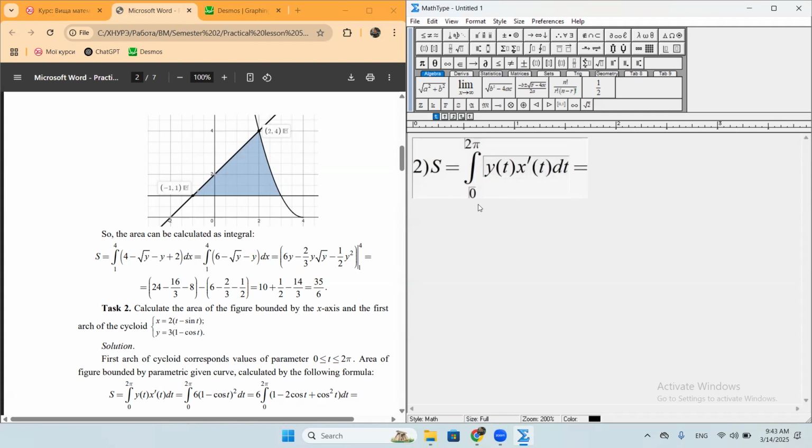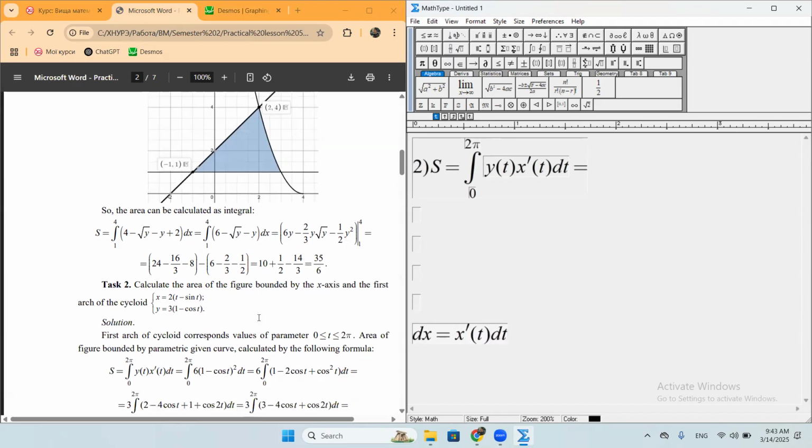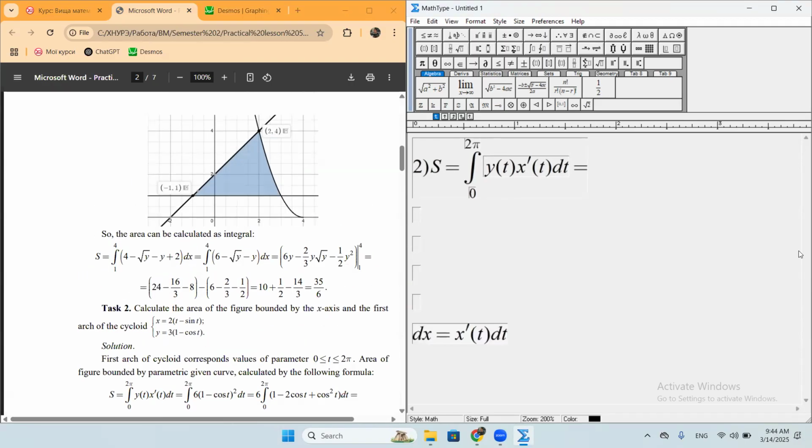Why actually such a record? Because dx equals x prime of t dt. So if the function was given explicitly, that's why it's written in such a form. It will also be important in calculating line integrals.